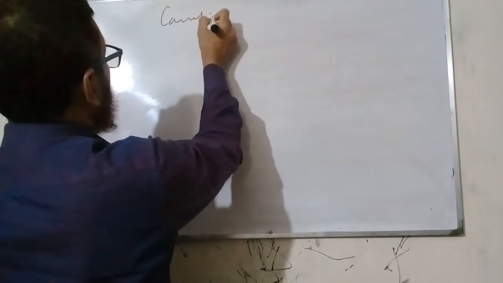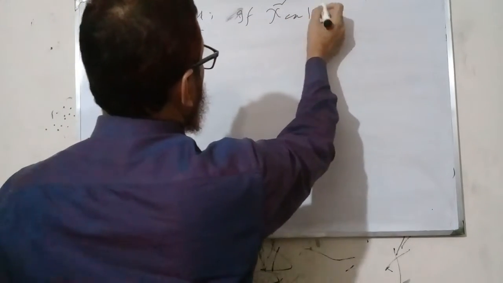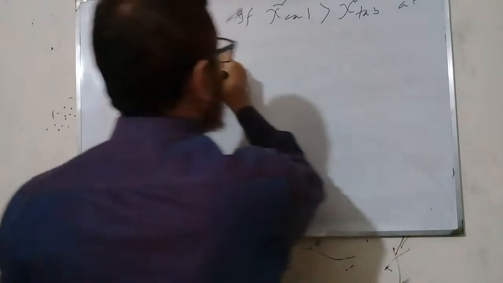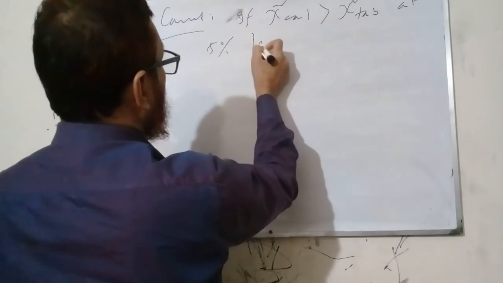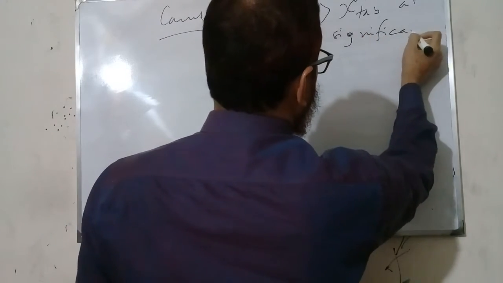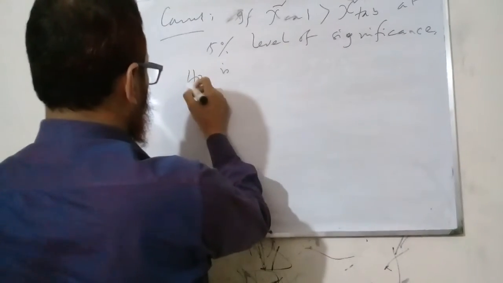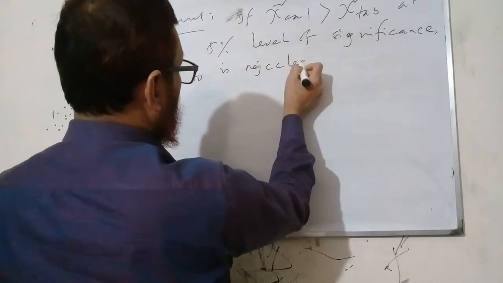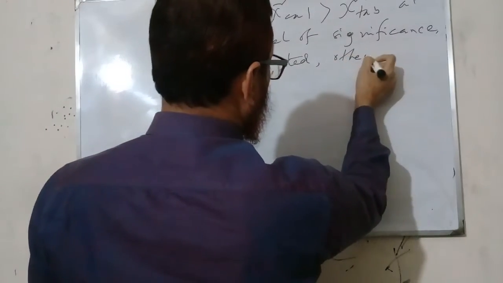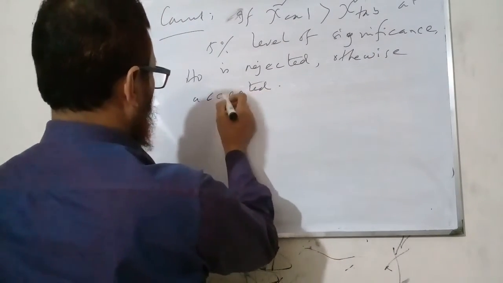Comment: if chi-square calculated is greater than chi-square tabulated at 5% level of significance, H0 is rejected, otherwise accepted.